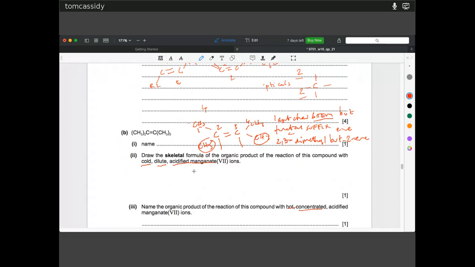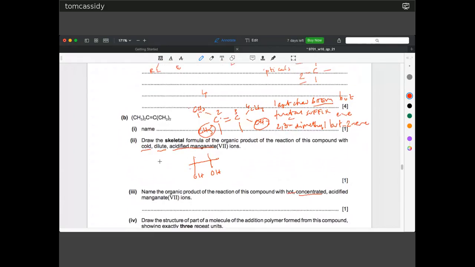And if you drew the skeletal formula for that, you end up with the alcohol group there, the alcohol group there. That and that are those carbons there and there, and you've got 2 methyl groups. There they are, 1, 2, and the other 2 over there. So that's your skeletal formula when you've just got cold dilute oxidizing agent.